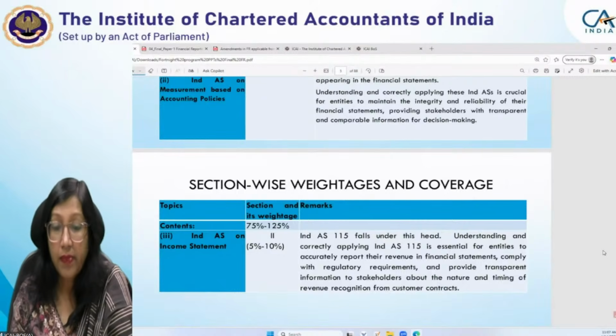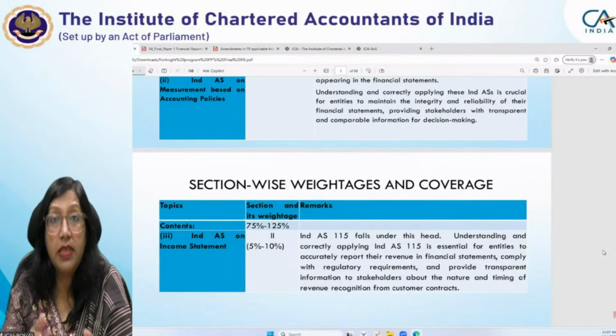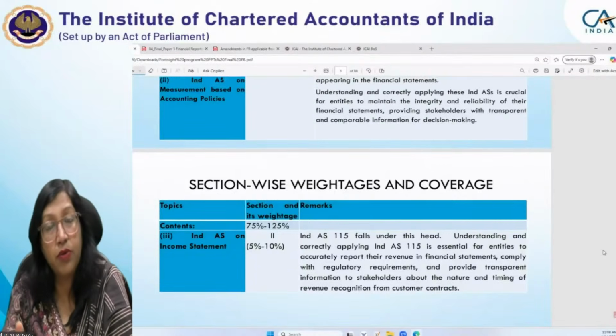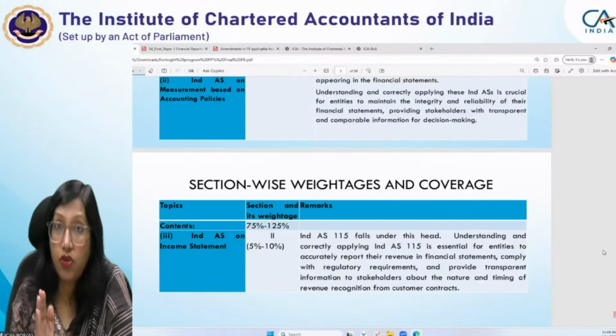But one important thing which I would like to stress upon is please, please, please follow the format of Division 2 of Schedule 3 of your Companies Act, which is for Ind AS based financial statements. That format has to be followed.